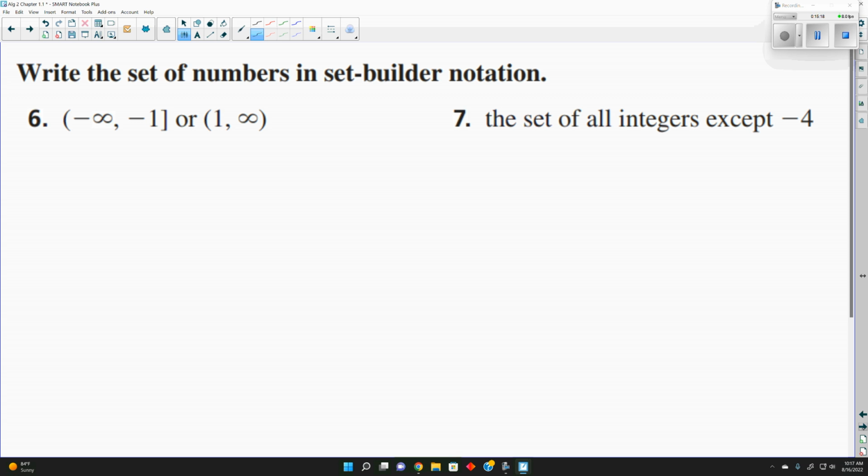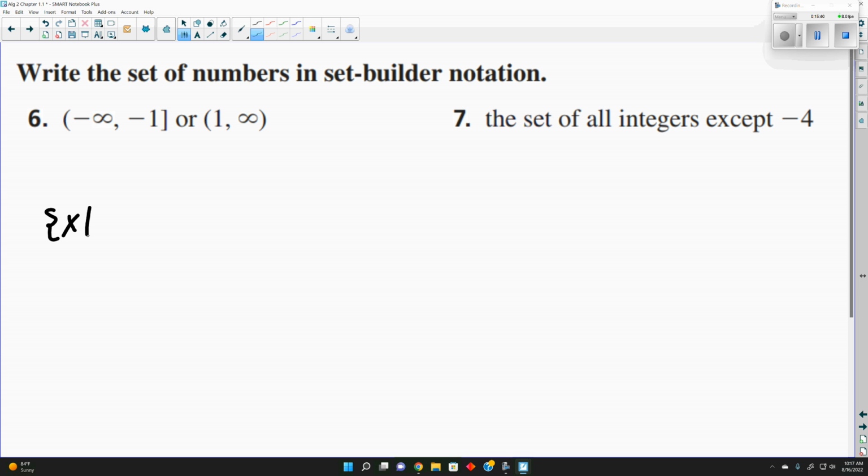So let's look at the first one here. Again, with set builder notation, we will start with this here, brace x bar. Now, unfortunately, we can't write it as these intervals, but we can switch it over to inequalities.